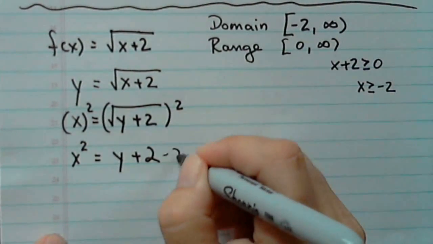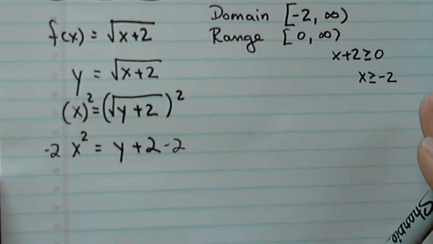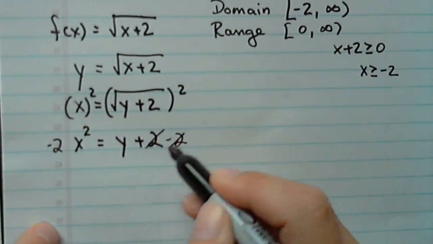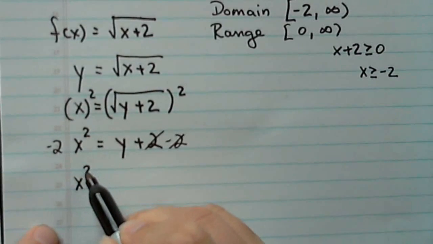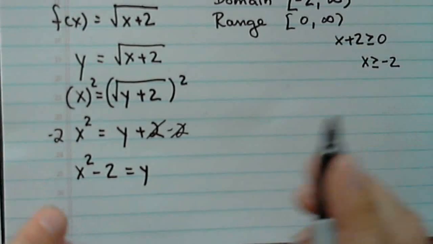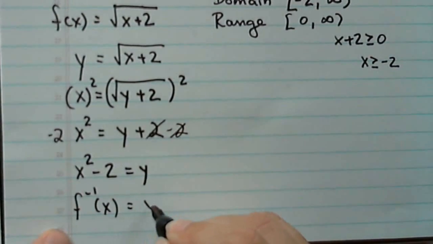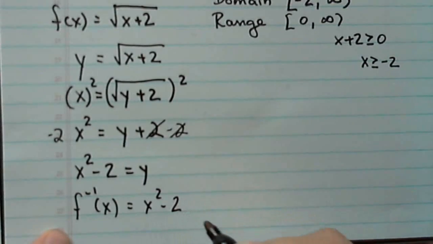And then we're going to subtract 2 from either side, and we have as our inverse x squared minus 2 equals y, or the notation for the inverse is x squared minus 2.